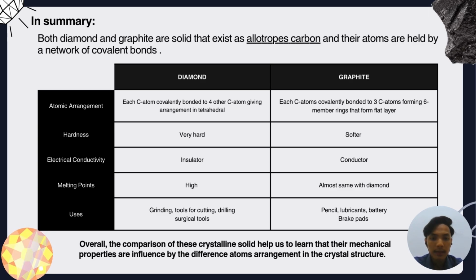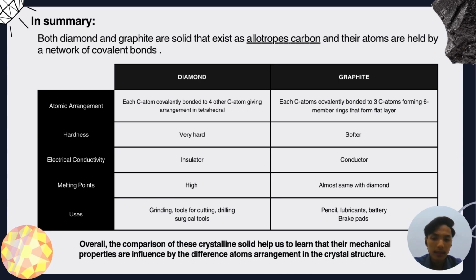So this table shows the difference of characteristics of diamond and graphite in terms of the atomic arrangement. For diamond, each carbon atom is covalently bonded to four other carbon atoms, giving a tetrahedral arrangement.